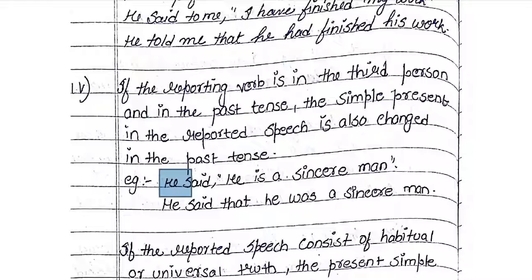So here is simple present, he is a sincere man is a simple present in the reported speech and is also changed into past tense. For example, he said he is a sincere man. First of all, we will have to identify this is past tense, and this is a third person. So this is a combination of third person past tense.